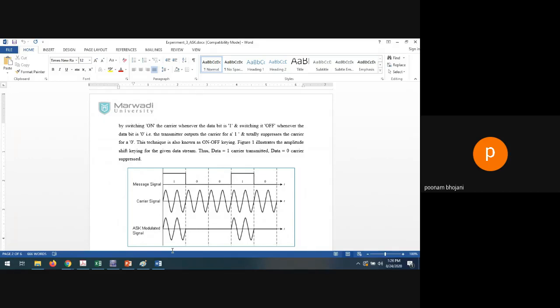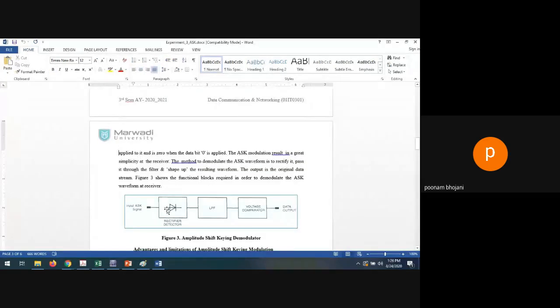Amplitude modulation means you are converting analog to analog, and digital modulation means you are converting digital to analog. So only your message signal is different, but you want the envelope in only one direction. So if you have only the positive cycle signal, you can still achieve the message signal back. So I'm going to clip the negative cycles by using a diode. That is the first block, the rectifier detector, which will clip the negative cycle.